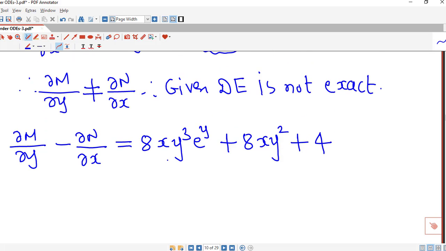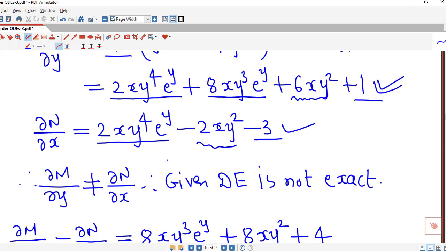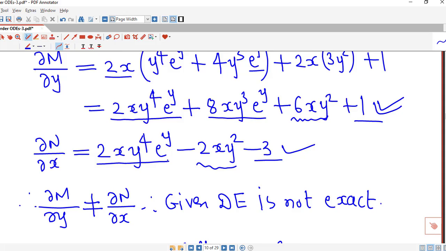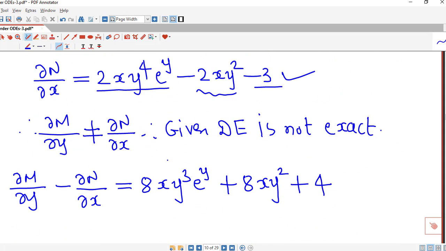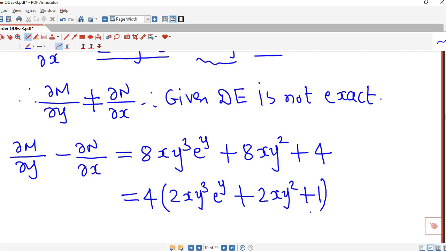Now we check whether we should divide this by capital M or capital N. If we divide by capital N, our difference is 8x y cube e raised to y plus 8x y square plus 4, and this we can rewrite by taking 4 common: 4 times 2x y cube e raised to y plus 2x y square plus 1.